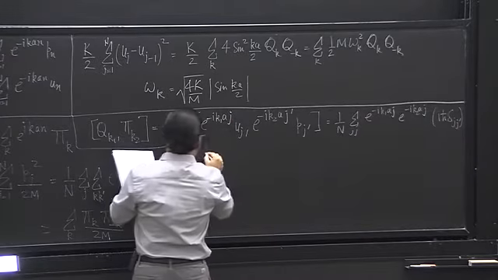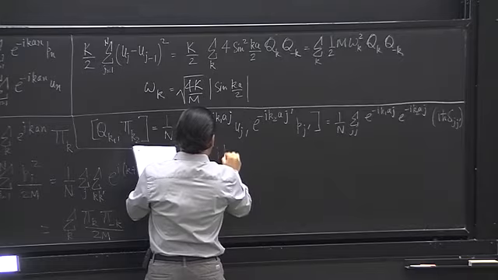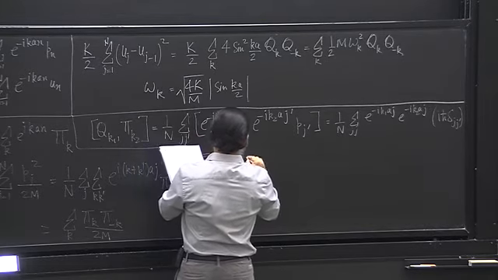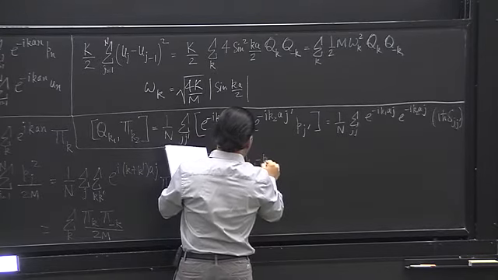So what this commutator gives us is i h bar delta k1 minus k2.